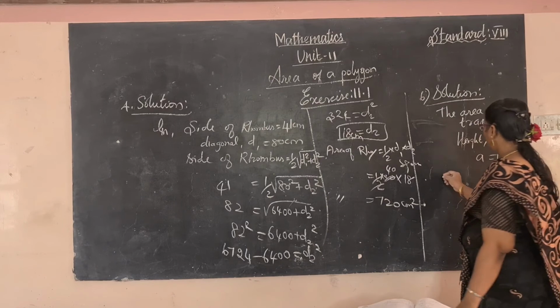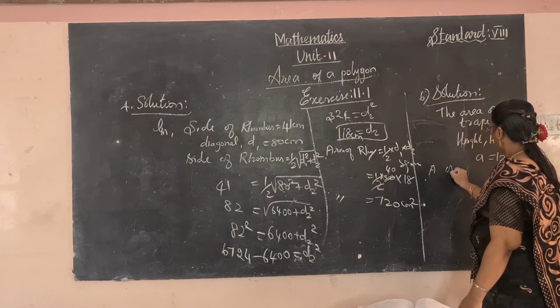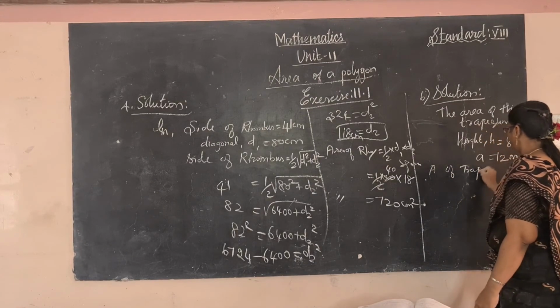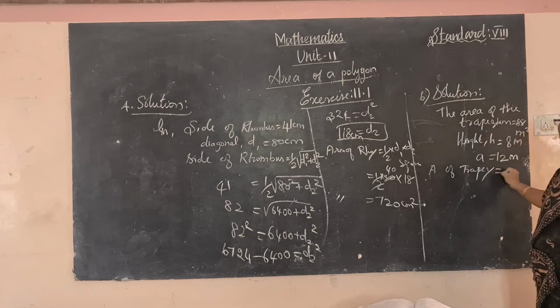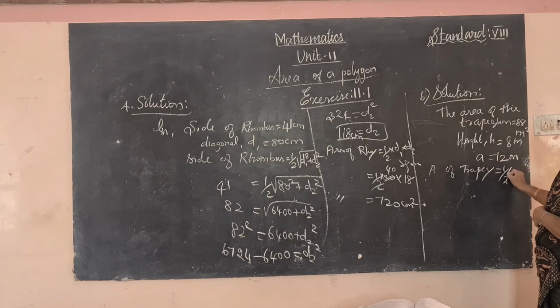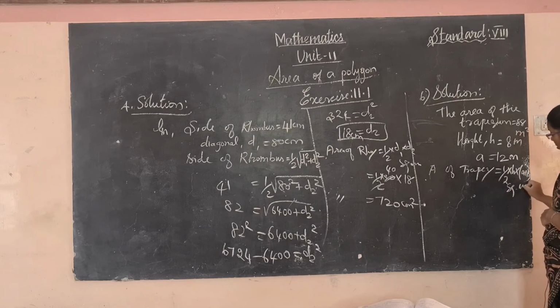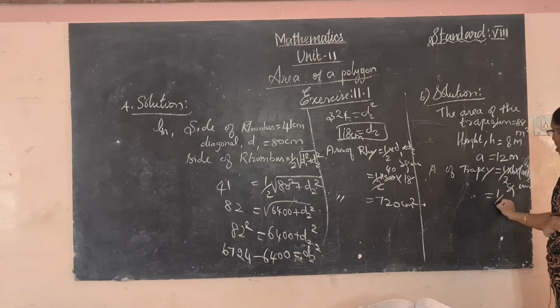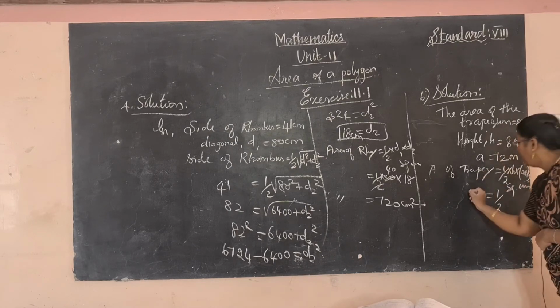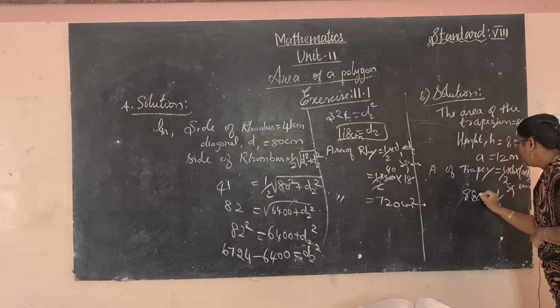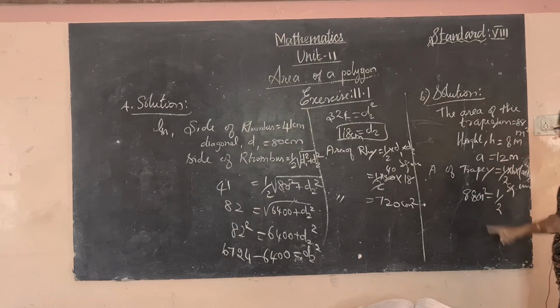So formula, area of the trapezium is equal to half into h into A plus B square unit. Okay, so the area of the trapezium is 88 meter square. So half into height value is 8. Okay, and A value was 12.